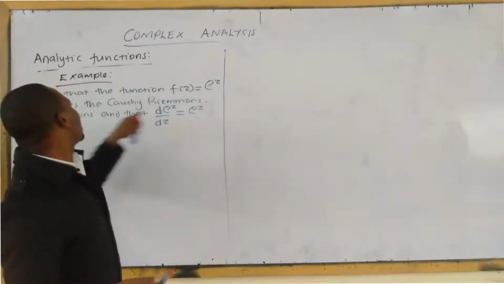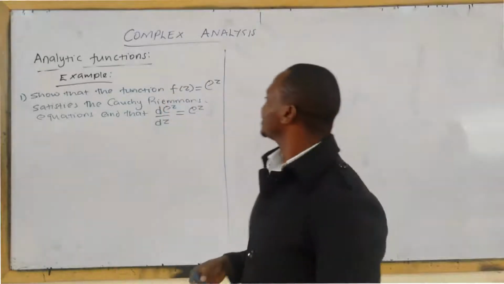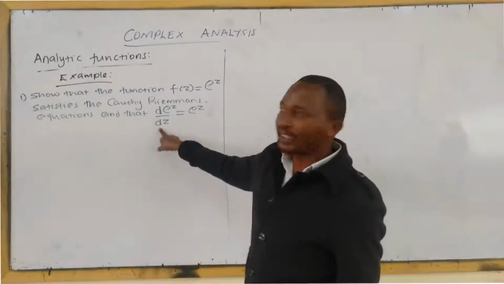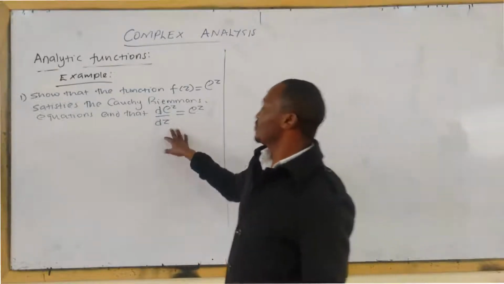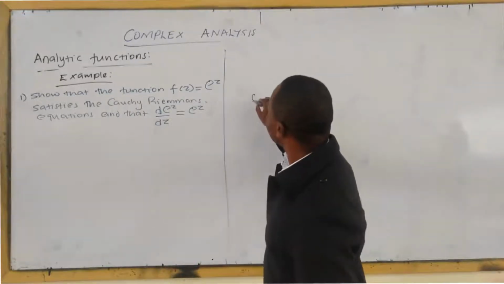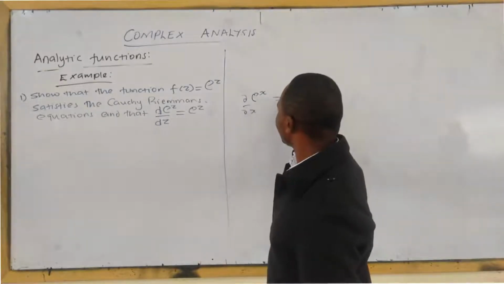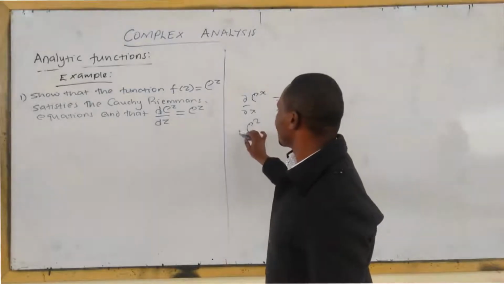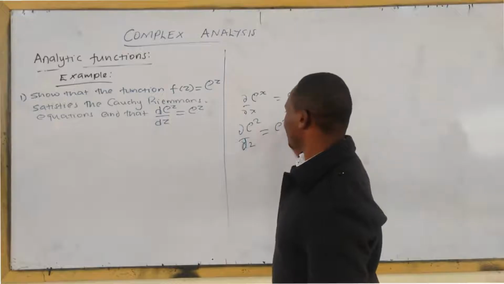In our first example, we are told to show that the function f(z) is equal to exponential z satisfies the Cauchy-Riemann equations, and that the first order derivative of exponential z with respect to z is equal to exponential z. Of course, you already know that if you differentiate exponential x with respect to x, it will give you exponential x. Or if you differentiate exponential z with respect to z, it will be exponential z.